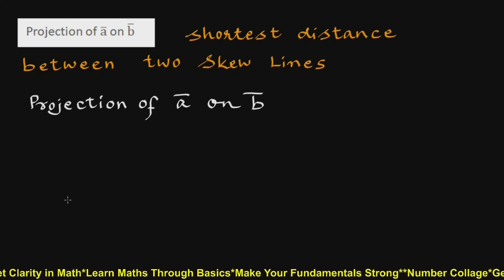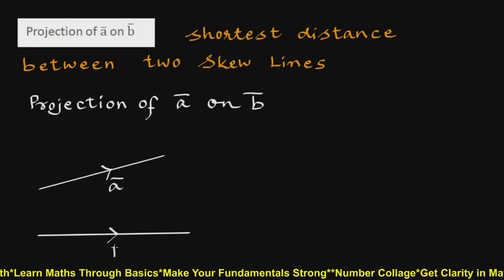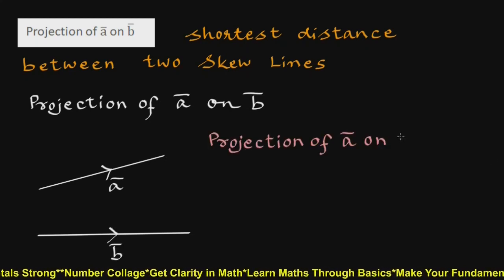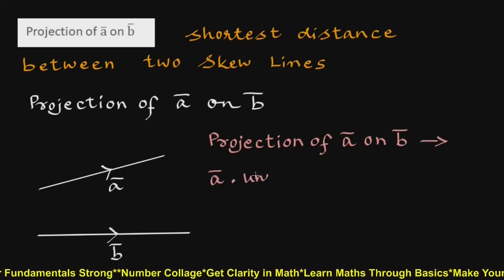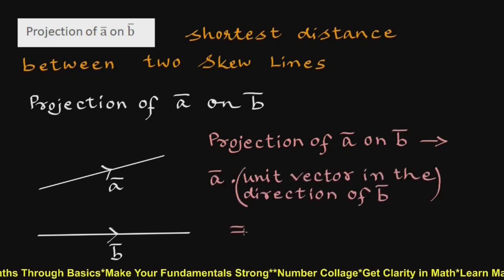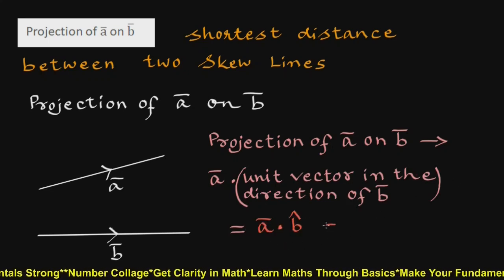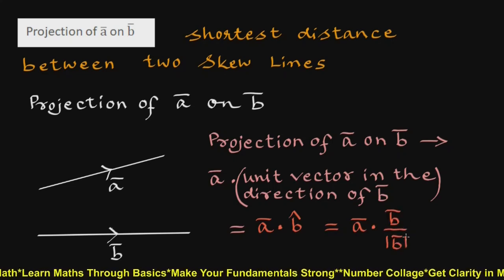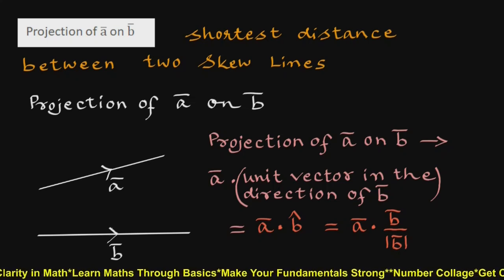Suppose we have vector A bar and another vector B bar, then the projection of A bar on B bar will be A bar dot the unit vector in the direction of B bar, which means A bar dot B cap, or A bar dot B bar upon mod B bar, which, being a dot product, will be a scalar or a number.